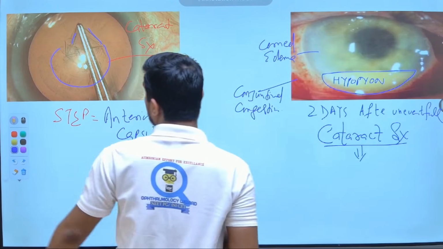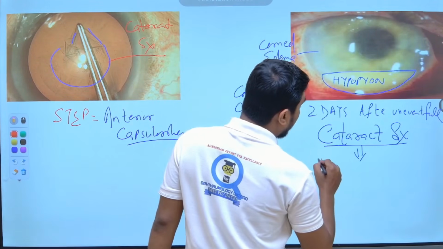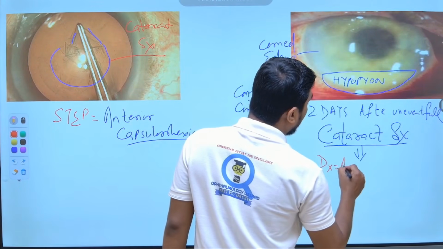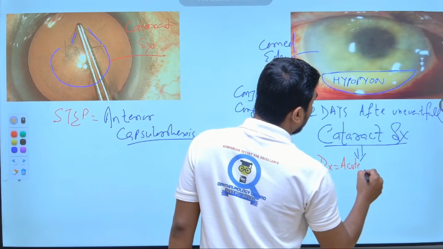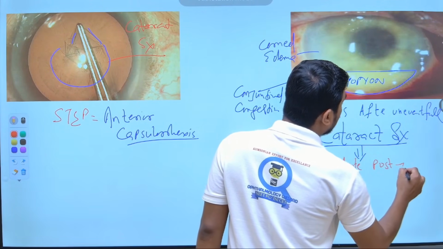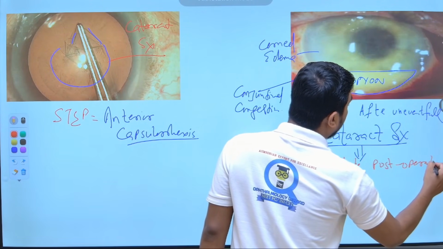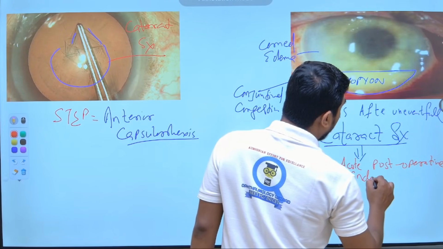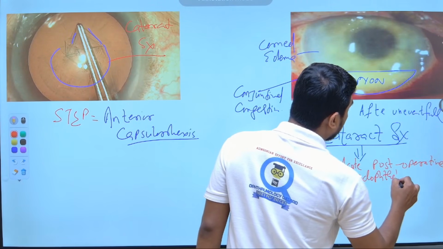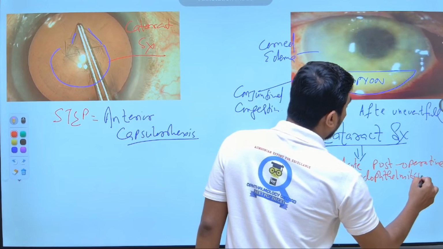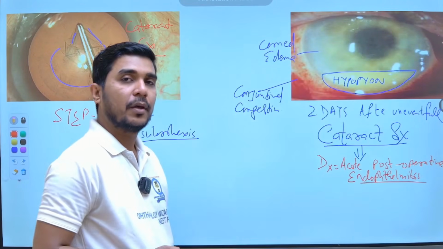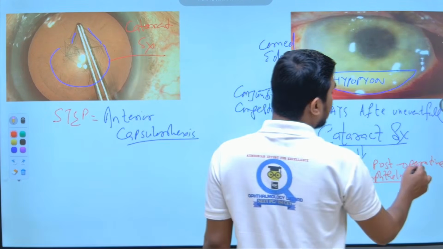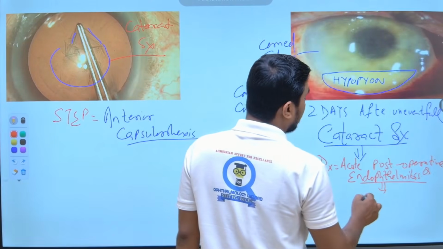So all these findings lead to the diagnosis. What is the diagnosis? The diagnosis is acute postoperative endophthalmitis. Mostly this will be the diagnosis. Now if you know the diagnosis, what should be the treatment?